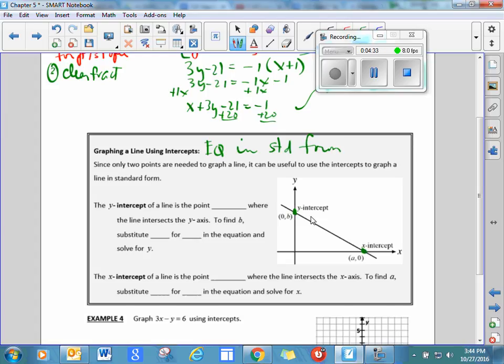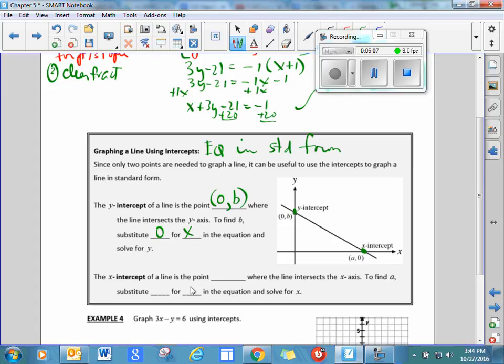Well, we can use these 2 points to quickly sketch a graph. So the y-intercept of a line is the point, and if we write this as an ordered pair, it's 0, b, and we use the letter B to indicate where on the y-axis it's being intercepted. And to find B really quickly in our standard form equation, we are going to substitute a 0 in for the x and solve for y.